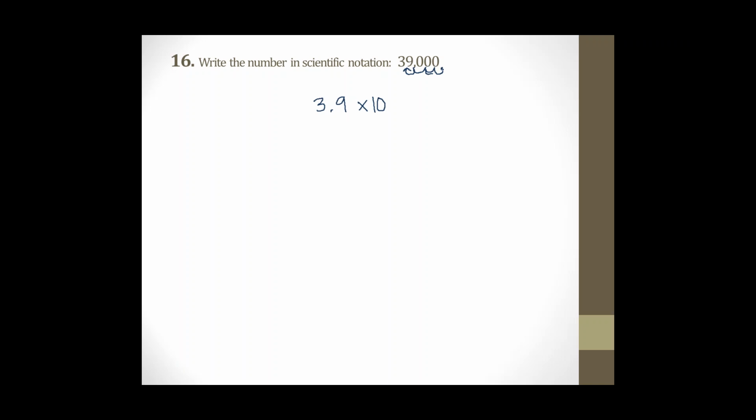So basically, 39,000 is a large number, so your exponent for your 10 is going to be a positive number. If this were a very, very small number, like 0.000039, it would be a negative exponent. But this is a large number, so we move the decimal 1, 2, 3, 4 times to get 3.9. So it's actually 3.9 times 10 to the 4th power.